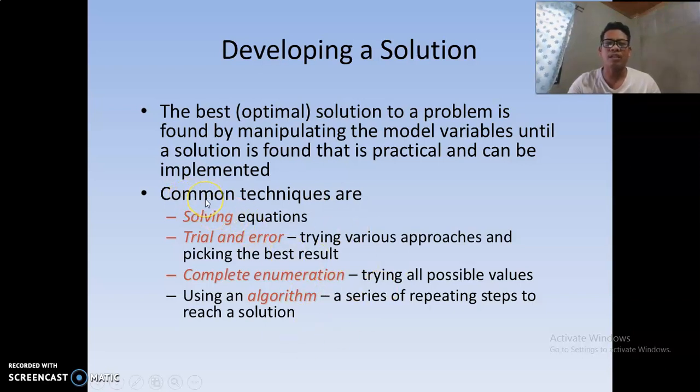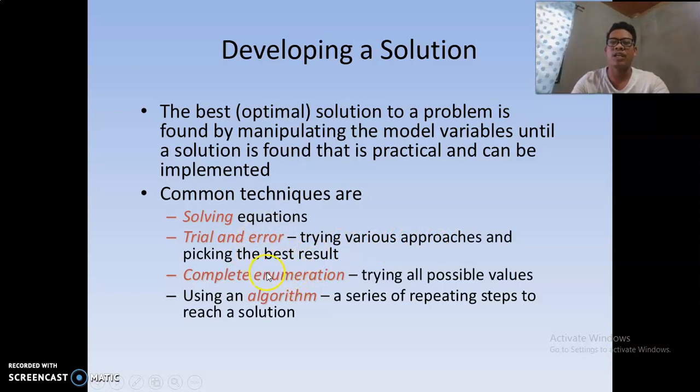The common techniques used in developing a solution start with solving equations, usually in mathematics of investment, where we solve equations in order to find the solution to that particular problem. We also have trial and error, where we make use of various approaches and pick the best results.